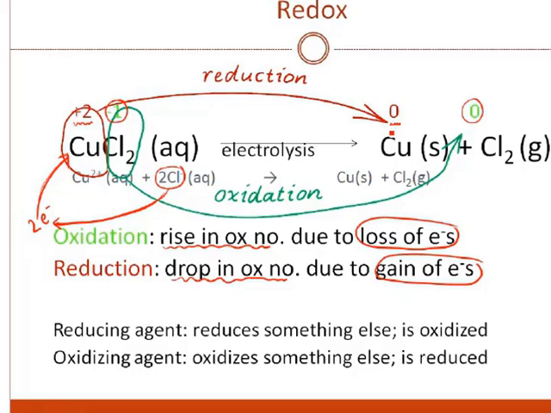It reduced the copper ions to copper atoms, and it changed the chloride ions to chlorine atoms. Remember, this Cl2 and that Cl2 are not the same thing. This Cl2 is actually 2 chloride ions for every 1 copper ion, whereas that here is the actual Cl2 molecule.